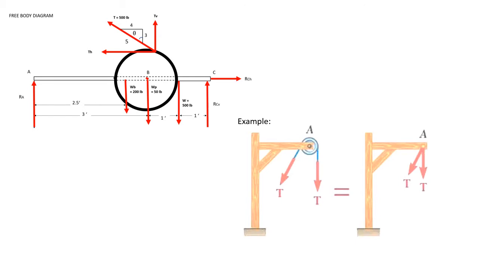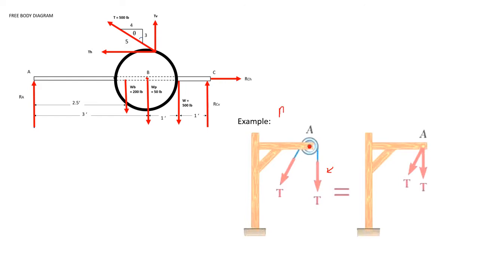So a beam and a pulley is attached to the tip with a center pin. So notice that these two tension forces are equal, and its line of action doesn't touch the center pin at point A. And also this vertical tension force here, also its line of action doesn't pass through the point A. So therefore, we can add a moment here to make it equilibrium.